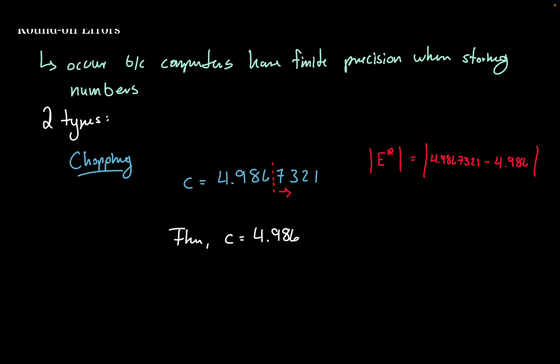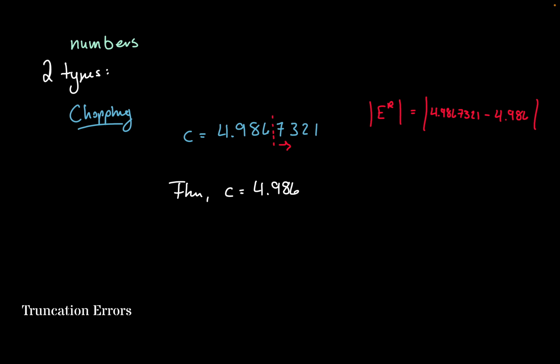Now, the second type of rounding error is rounding itself, or the round off error. So essentially, with that same constant, let's write that out here. Let's say we were to round after the third decimal place. So we'll draw this line again just to denote it. And we can say this 6 here is at the p position.